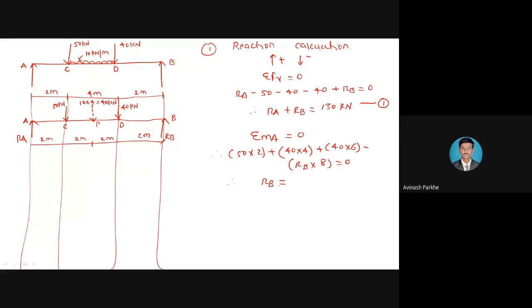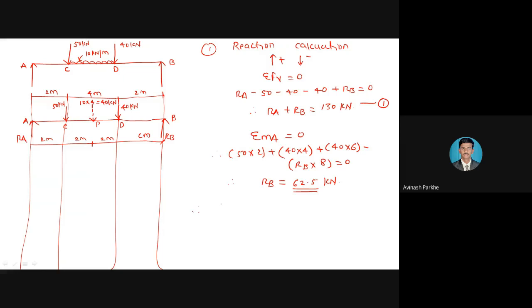Do the calculations properly. 62.5. 62 point, 62.5. Okay, 62.5 kilonewton. Yes, 62.5, RB is the correct value.